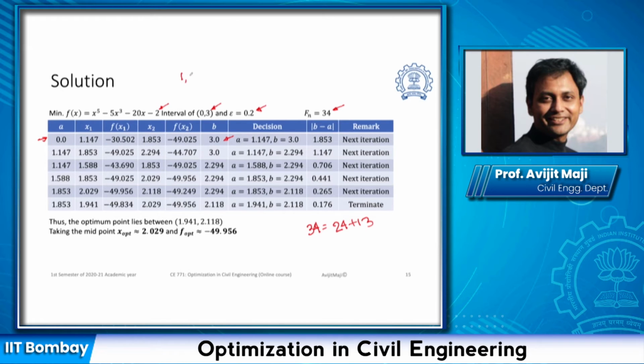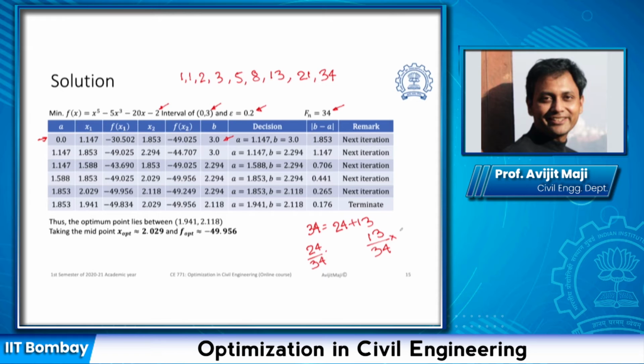It is going to be 1, 1, 2, 3, 5, 8, 13, 21 and 34. So 34, we are representing it as 21 plus 13. So the fractions L2 and L1 are going to be 21 by 34 and 13 by 34.